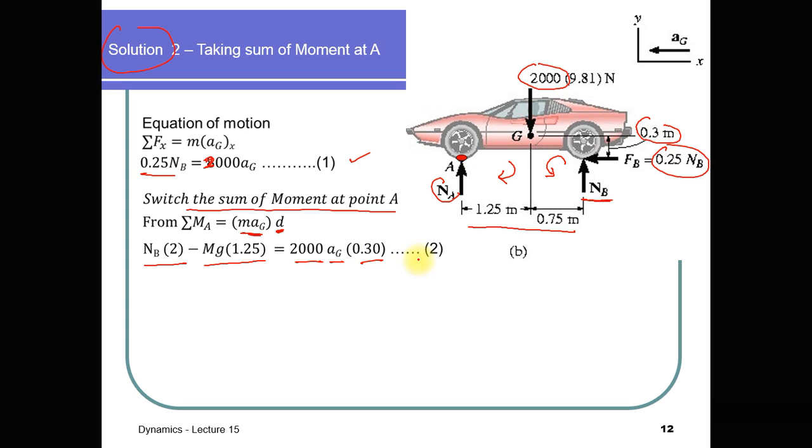This is equation 1 and equation 2. Solving the equations, we reveal N_B equal to 12.7 kilonewton and a_G is 1.59 meter per second squared. Alright, thank you very much.